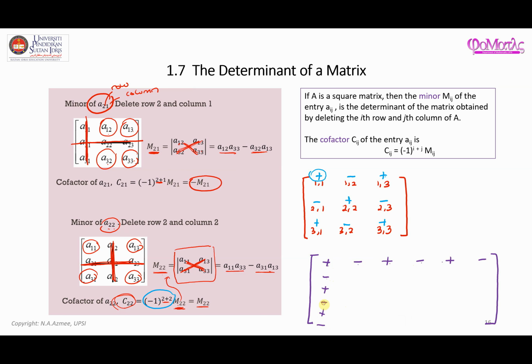So 1, 2, 3, 4, 5, 6. So here it's going to be positive, negative, positive, negative, positive. Okay, again, it just keeps on alternating. So this is how it's going to look. Okay, negative, positive, negative, positive, negative, positive, negative, positive. Just make sure all the signs alternate with each other. Okay, so it looks like this basically, okay? Right.